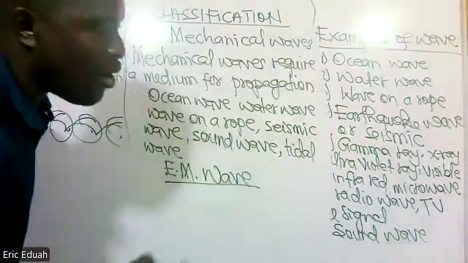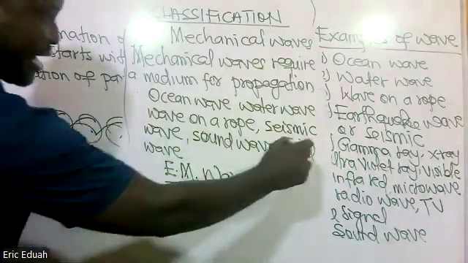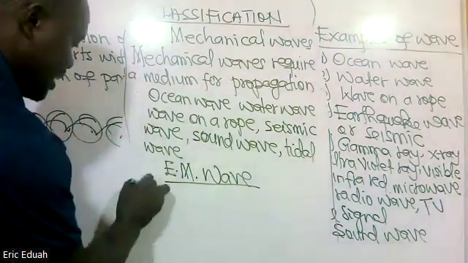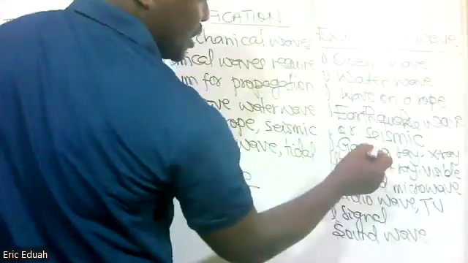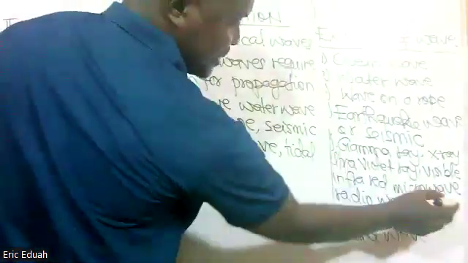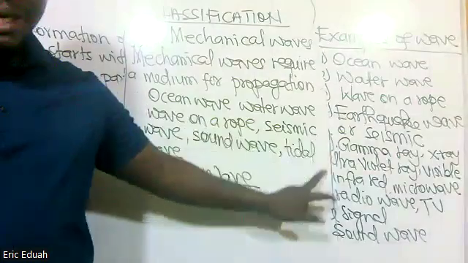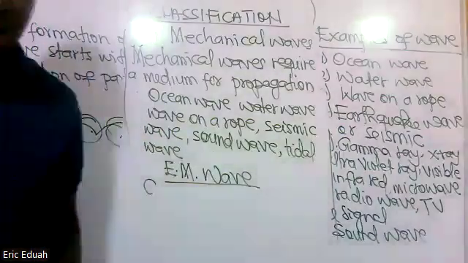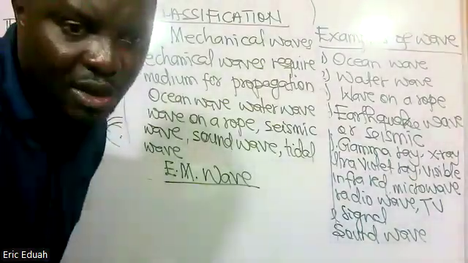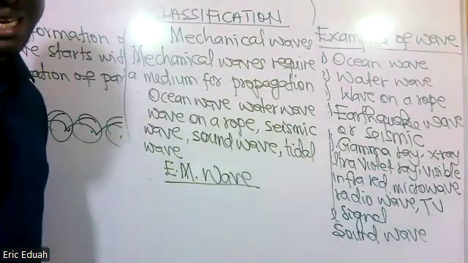And examples of electromagnetic waves, EM waves, are all the waves listed from gamma ray, X-ray, UV, visible light, infrared, microwave, up to TV signals. All the electromagnetic waves have something in common, and that is that they all travel at a speed of 300 million meters within a second.